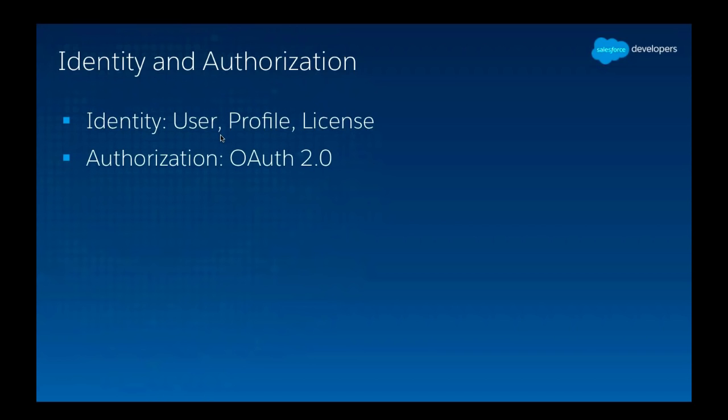And that's hooked to the profile. So when I create a user that has a profile, the license dictates how much you're essentially paying for that user. And that's important because if you're going to plan out an integration, you need to be a little bit choosy about how many users, like service users or API users, you set up because of that license cost. So just bear that in mind.